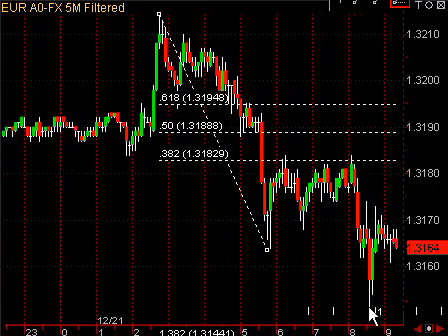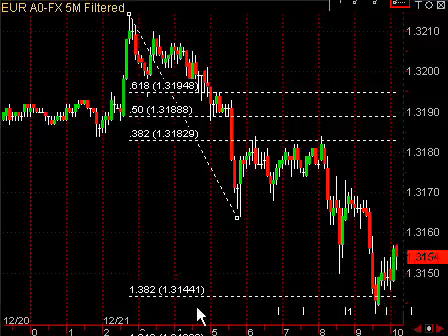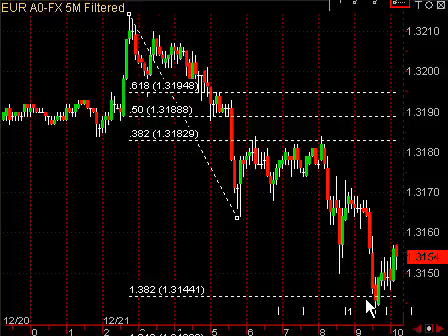Breaks down and it's going to a lower low, and you can see the market stalls right at the first Fibonacci profit target. If you're short right around here, this is your first profit objective, and in this case you made about 36 pips. And if you're a counter trend trader, you can wait for this level to get into a low short-term counter trend trade. You would have bought here at 31.45.